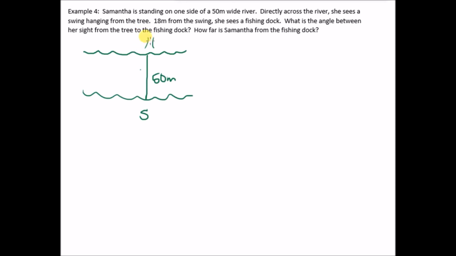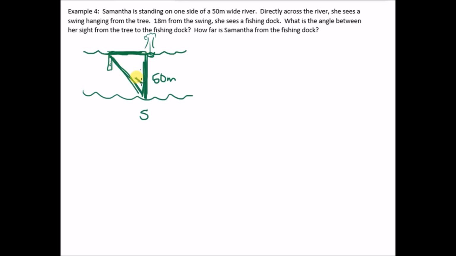So here's a tree, and here's a swing. 18 meters from the swing, she sees a fishing dock. So there'd be the dock here. What is the angle between her sight from the tree to the fishing dock?